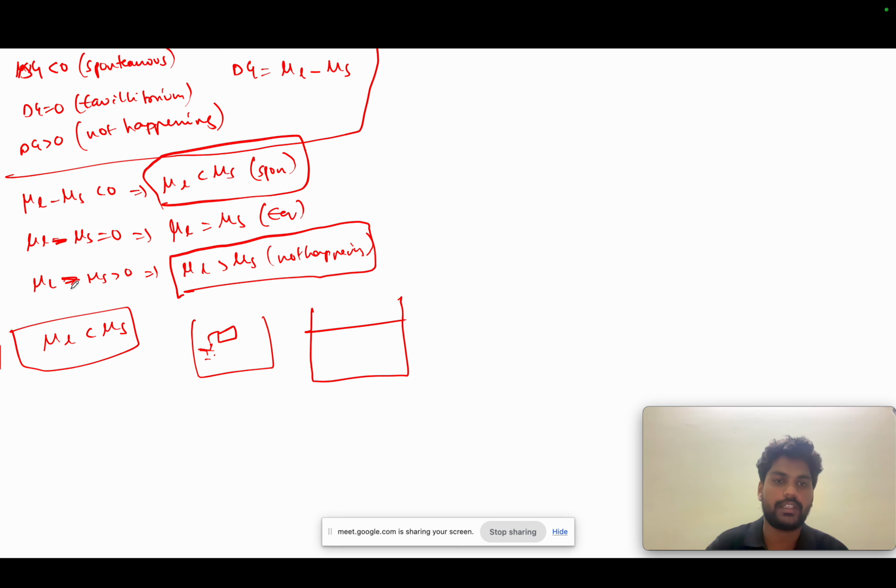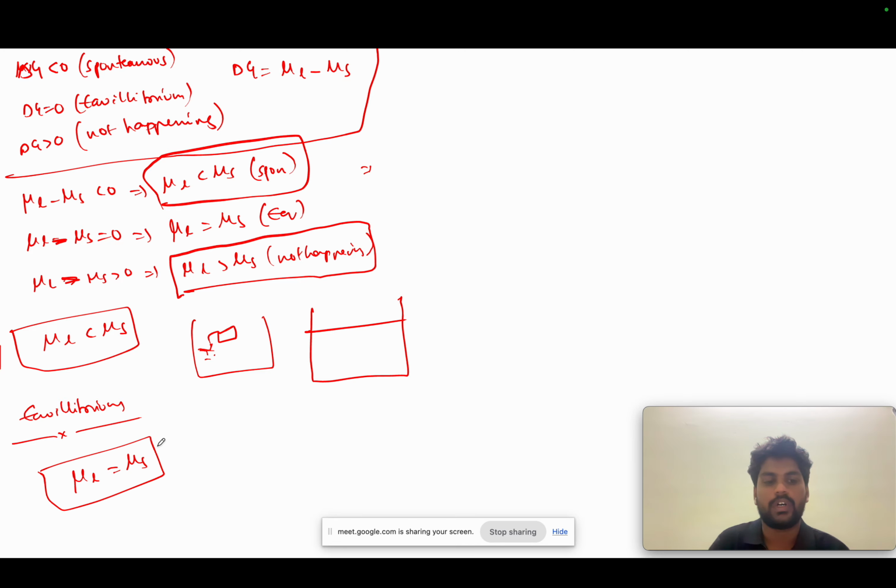Just remember this condition. When can we talk about equilibrium? When mu of L is equal to mu of S. That is, when the chemical potential of liquid is equal to the chemical potential of solid, then only it will stay in equilibrium.